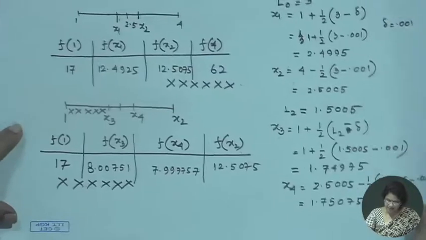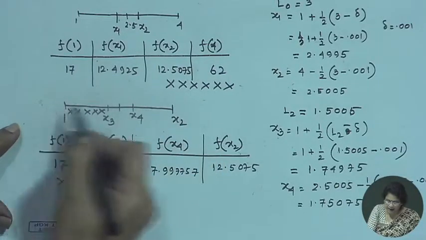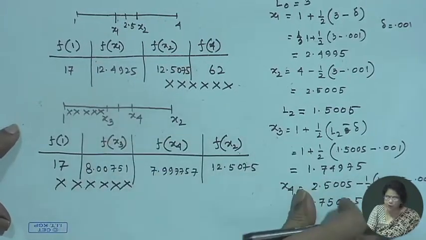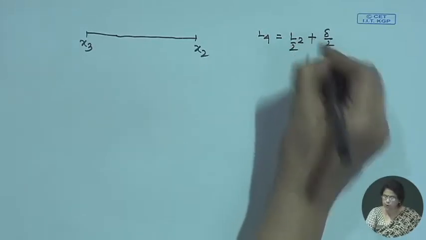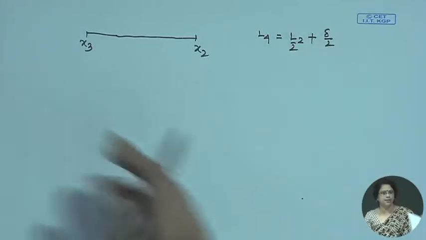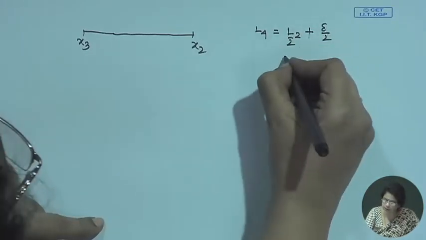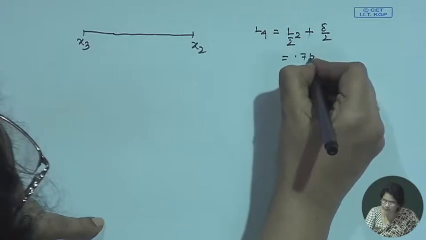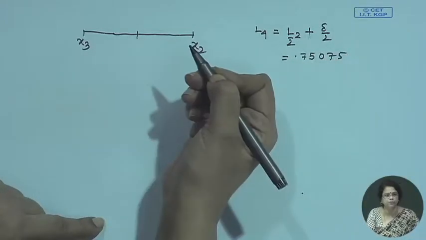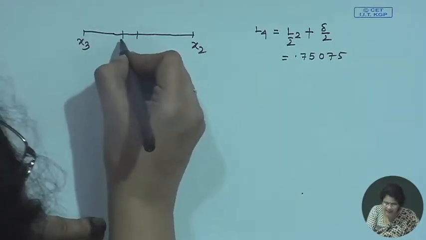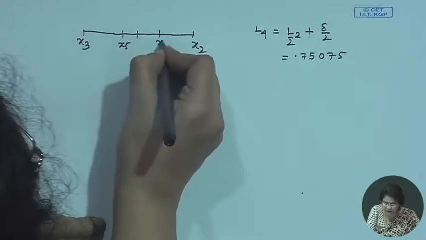Because this is the whole L2, and L2 by 2 plus delta by 2 is the new interval of uncertainty. Now if we find this value, it is coming as 0.75075. We will again take the middle value, and consider x5 and x6.